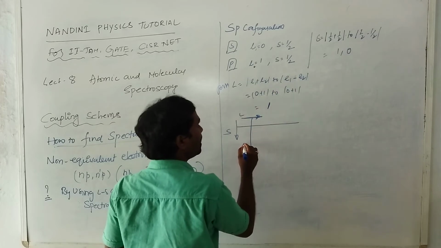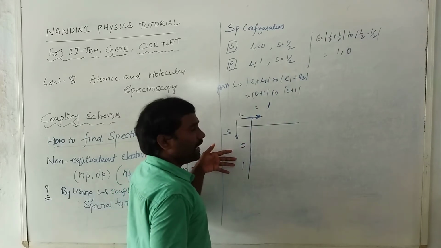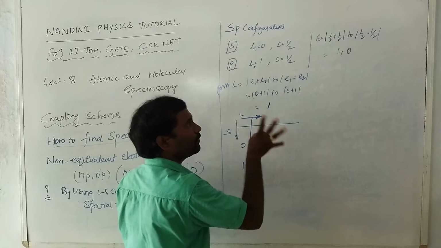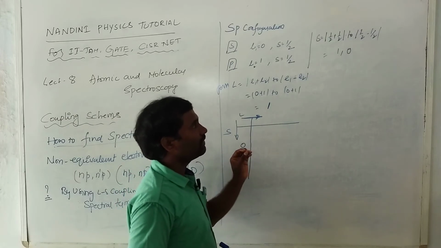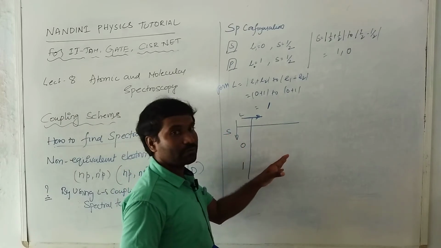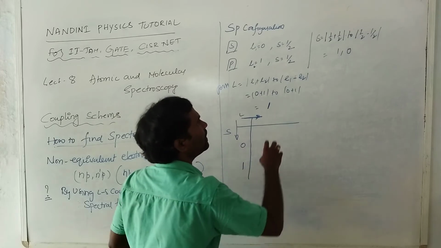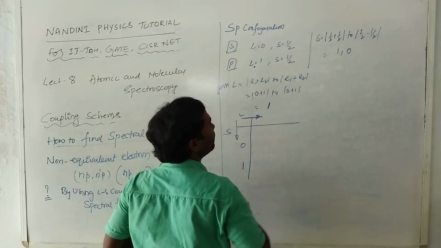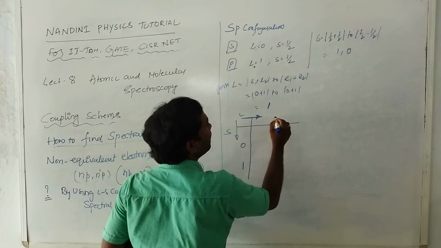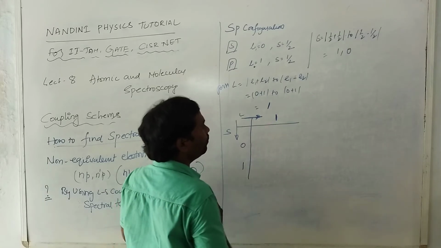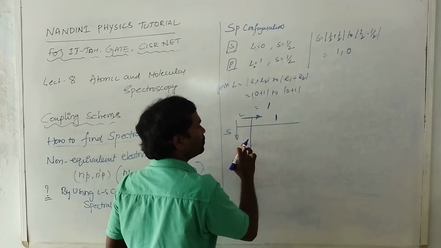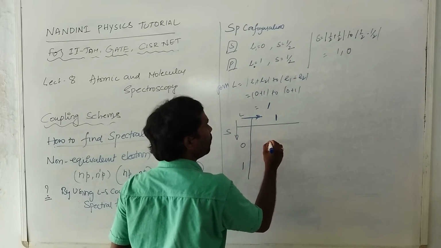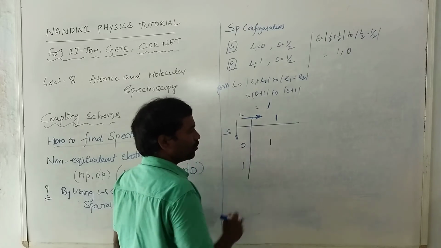Please put the S values starting from 0, 1. Using this table you can identify the spectral terms easily. This is actually P. Right now the L value is only 1 here, so I will put 1 here and 0, 1 here. So 0 plus 1 gives only 1. Okay, there is no remainder.